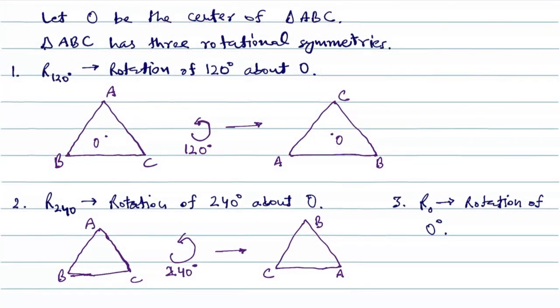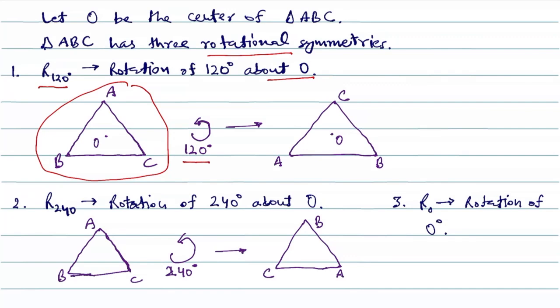Triangle ABC has three rotational symmetries. First rotational symmetry is R120 degree, that means rotation of 120 degree about the center O. So when we rotate triangle ABC by an angle 120 degree, then ABC transforms to this triangle. Look how A comes down from here to here.